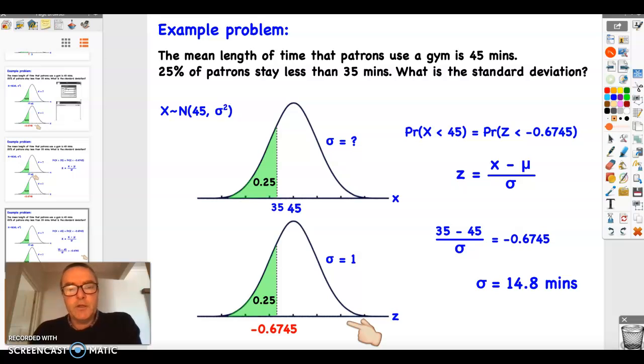So now we know that we've got a normal distribution that has a mean of 45 and a standard deviation of 14.8. And so once you know those two things, you've defined that normal distribution. You could work out any other probabilities that you wanted to that were associated with that distribution.